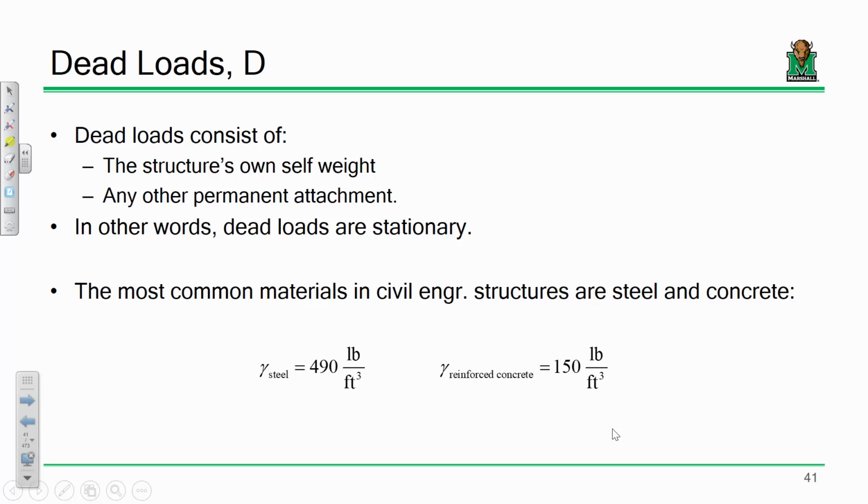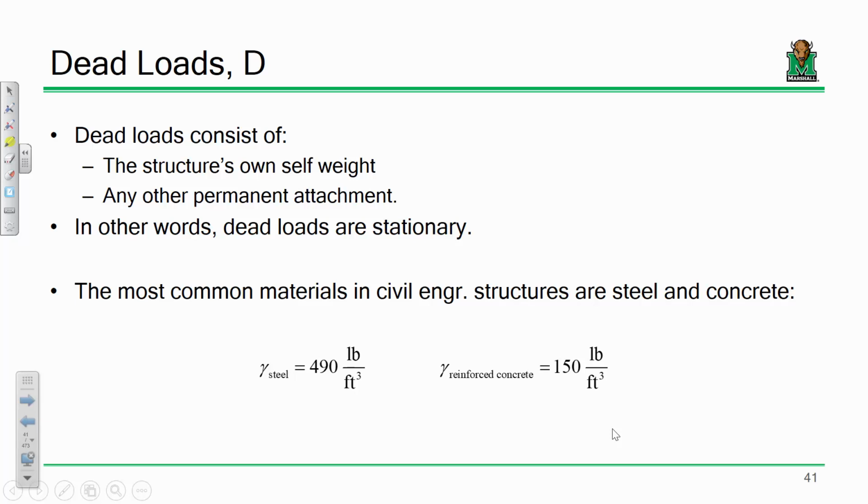Now in here, we have dead loads, live loads, and snow loads. Dead loads are the loads that are permanent and stationary, the ones that don't move, like the structure's own self-weight and any permanent attachments. The two most common materials that you need to make sure you're aware of are structural steel and reinforced concrete.